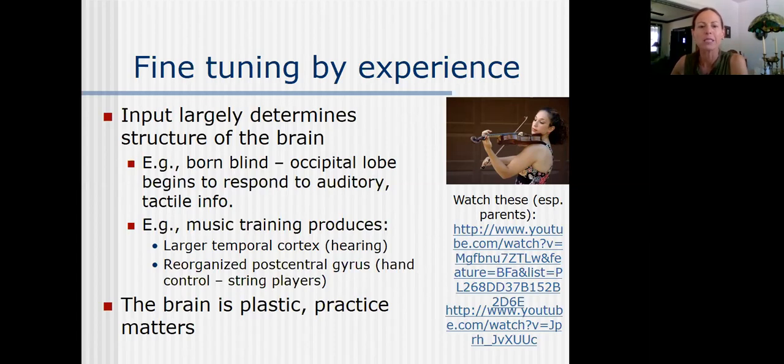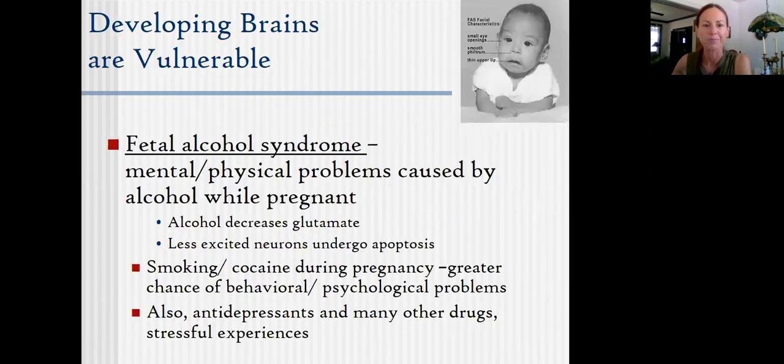It's really quite amazing how some of these hearing areas get much bigger and stronger from early music training. And if you didn't get music training, like me, early on, it's going to be very difficult to get in adulthood, because some of those areas have died away. So the moral of this story is, the brain is plastic, it's moldable, and it gets molded by our experience, and practice and physical activity really matters for the developing brain.